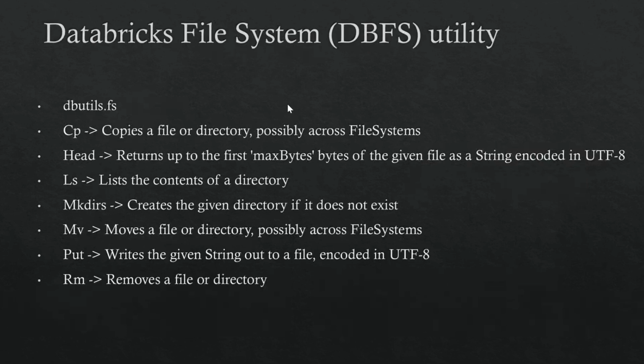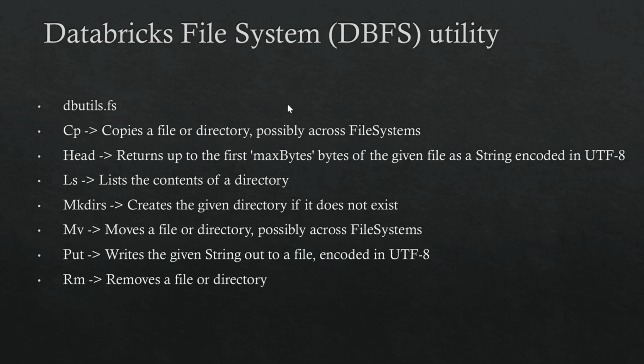So let's concentrate now on the Databricks file system utility. You can use it either as SQL or in Python with the help of the dbutils.fs command. If you use dbutils.fs, what commands can you use?